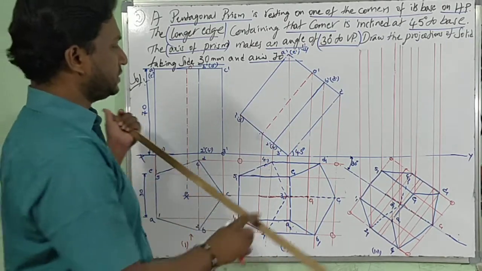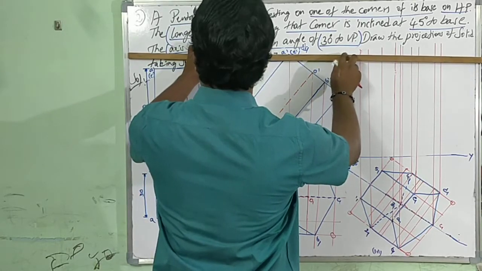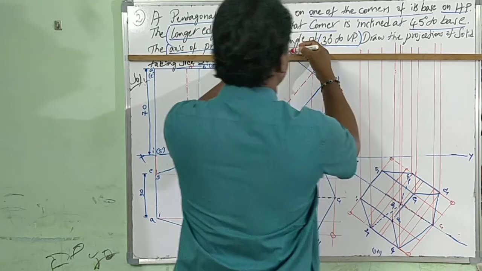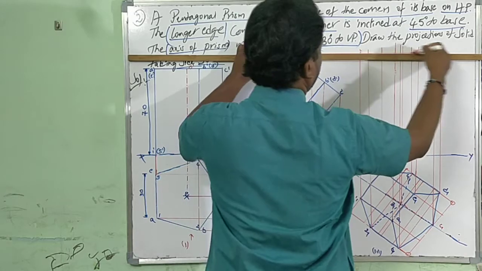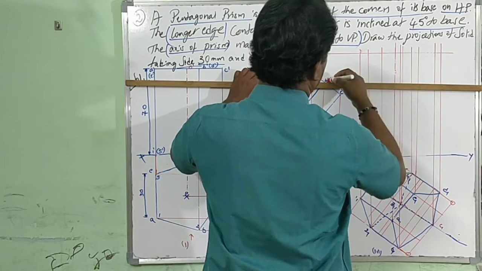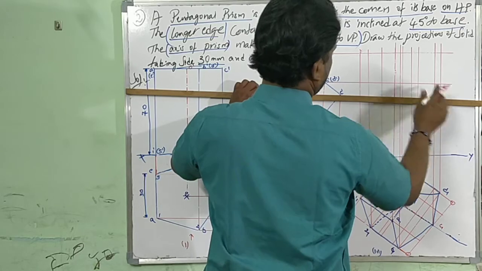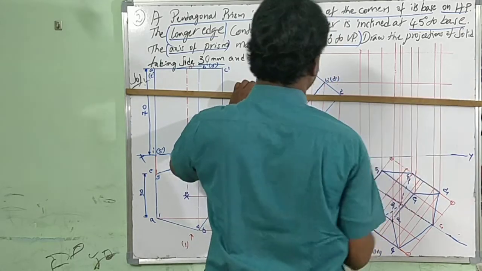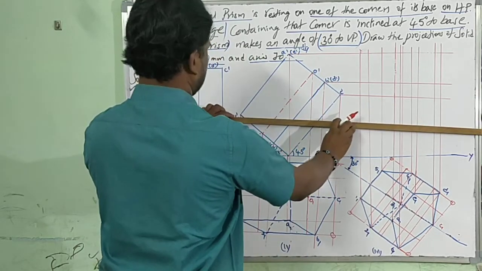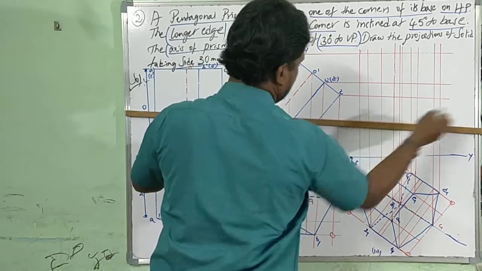Now horizontal projectors. Second position front view A dash, B dash, C dash. D dash, E dash are the same. Now from 1 dash, follow the procedure.